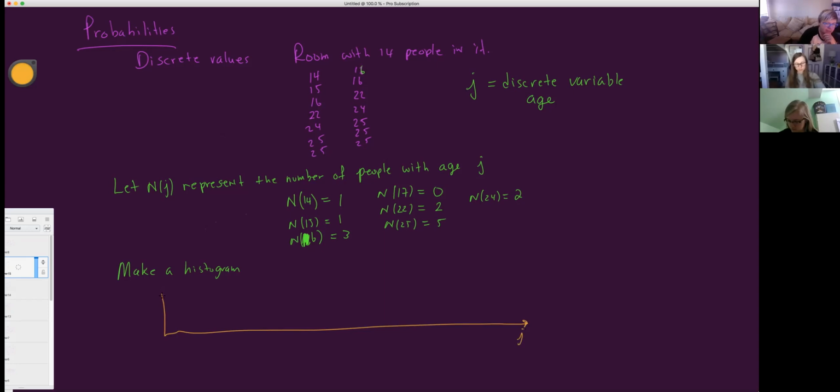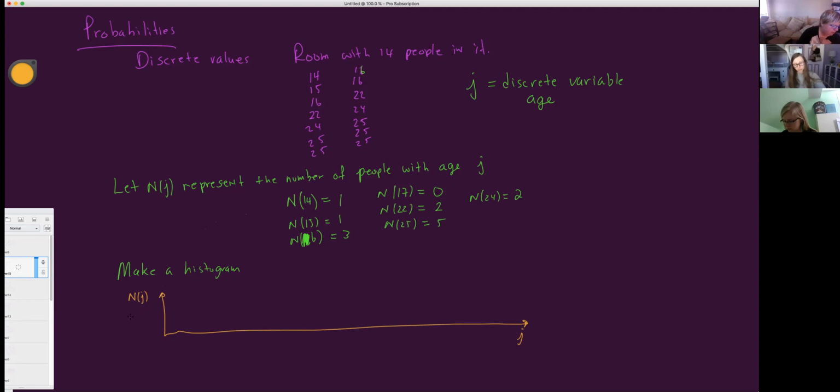This axis is n of j. And we are going to use what's called a bin, right? So histograms are usually made for discrete variables like age, to count how many of each you have, and you put your ages in bins.